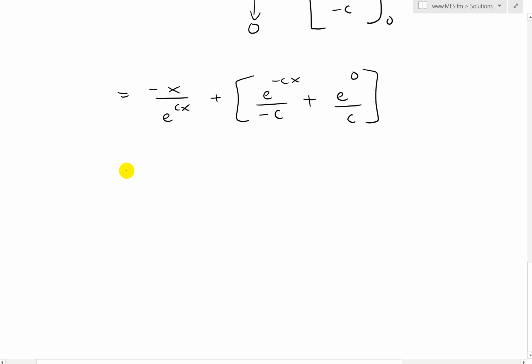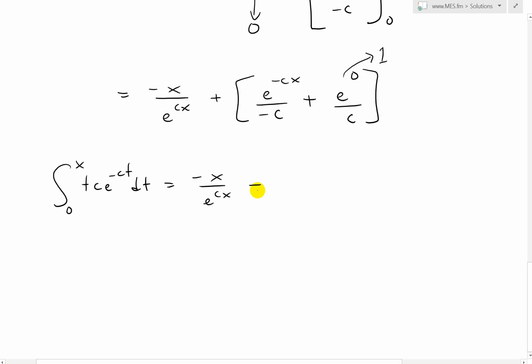I'll write this neater one more time. The integral from 0 to x of t c e to the negative ct dt is equal to negative x e to the negative cx, plus, because there's a negative sign, and e to the 0 goes to 1, so we have 1 over c.